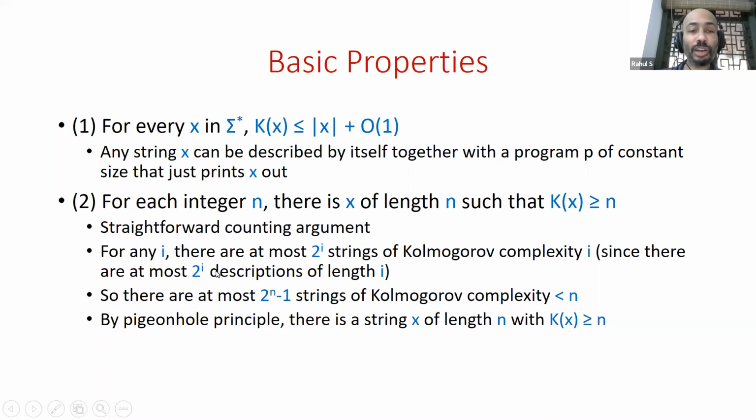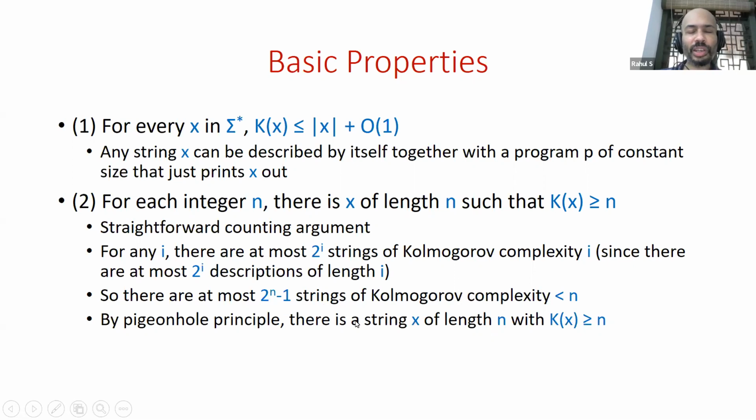And there are at most 2 to the i programs of length i, and each one can output at most 1 string. So there are going to be at most 2 to the i strings of Kolmogorov complexity i. And just by summing over i from 0 to n minus 1, you get at most 2 to the n minus 1 strings of Kolmogorov complexity less than n. And by the pigeonhole principle, we know that there are 2 to the n n-bit strings, and there are at most 2 to the n minus 1 strings of Kolmogorov complexity less than n. So there's going to be a string x of length n which isn't going to be in the set, and so it's going to have Kolmogorov complexity at least n.